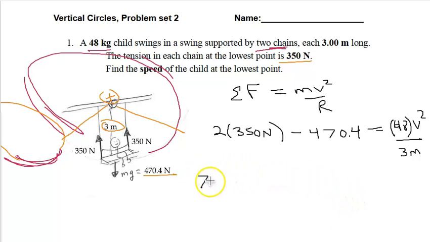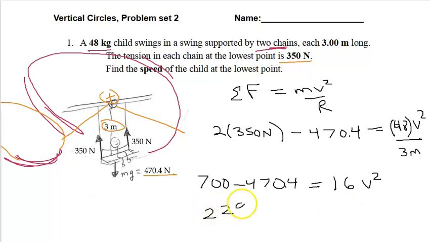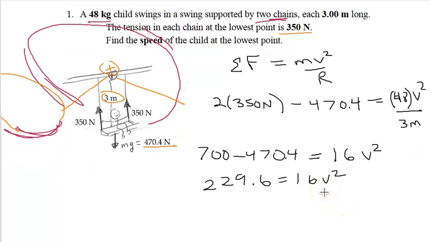Okay, that turns into 700 minus 470.4 equals 16 v squared. Let's see what that is. 229.6 equals 16 v squared. Divide both sides by 16.